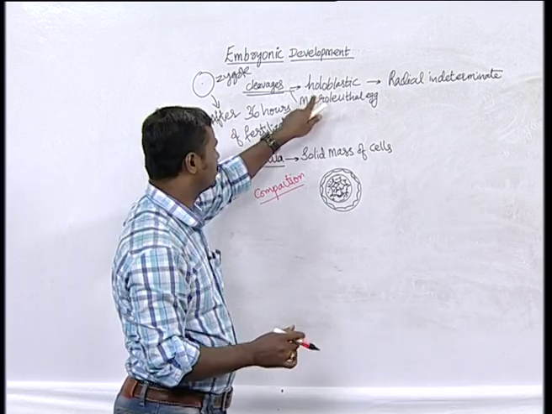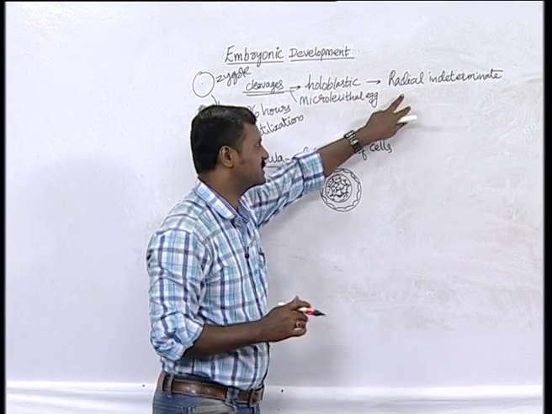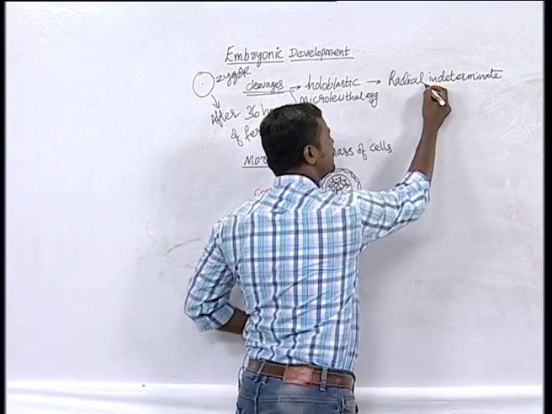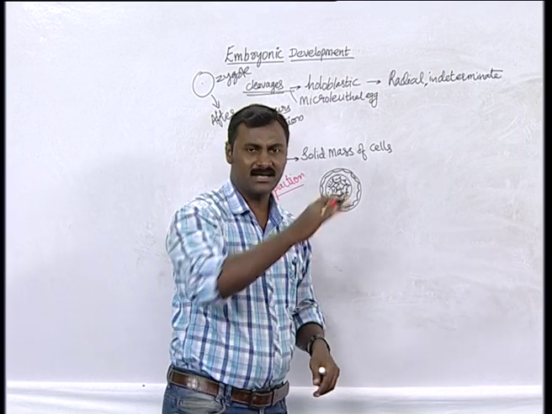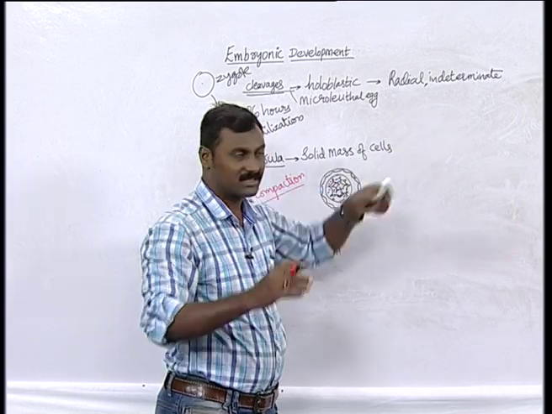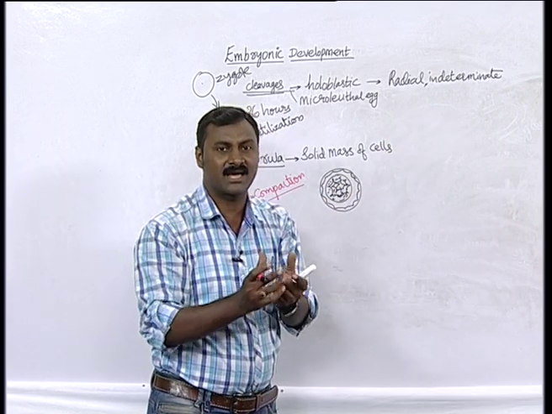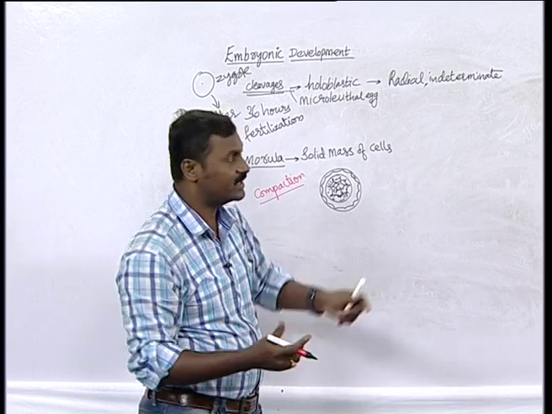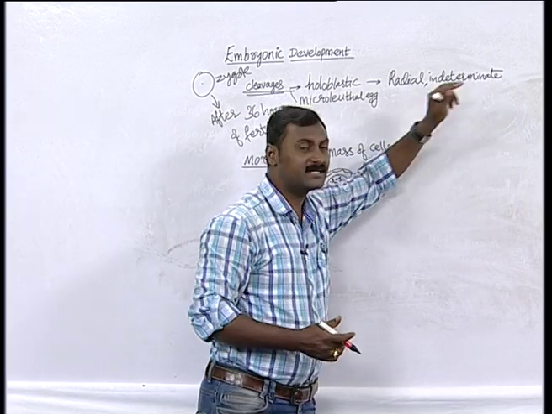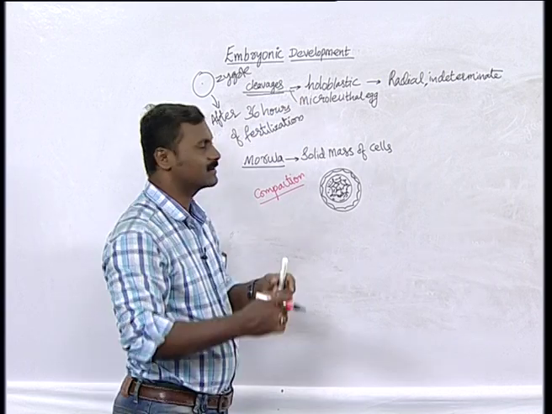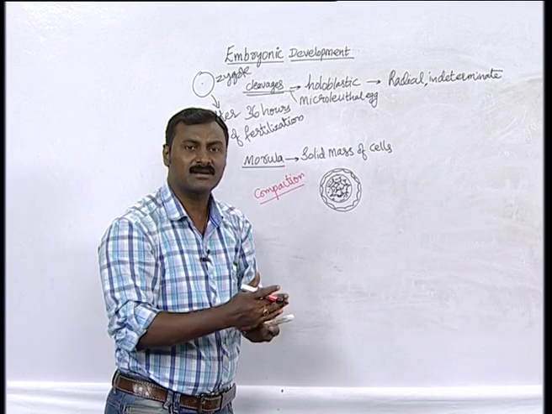That is why you can see holoblastic, radial, indeterminate cleavages. The cleavage cells' fate is not yet decided, so they are called indeterminate cleavages. Like that, the entire zygote is going to get cleaved.